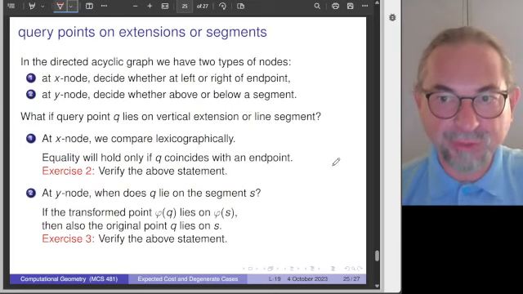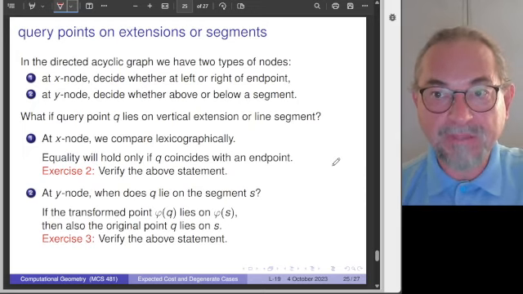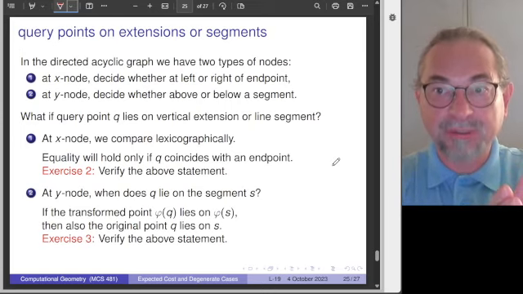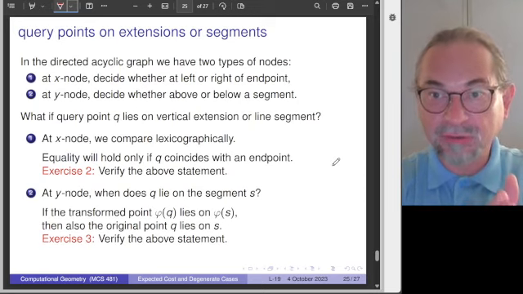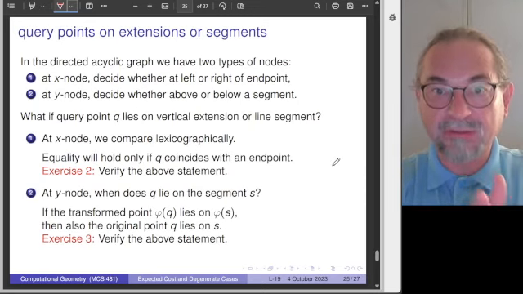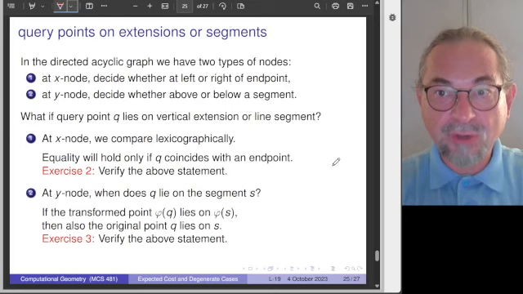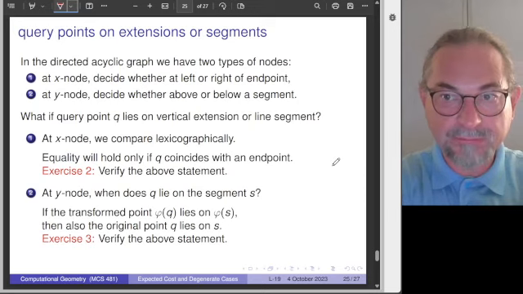And in some sense, I was pausing a little bit with exercise 2. If we have equality, then we have the endpoint to which the x-coordinate belonged. So that's then also done. We have located the point. We have found that the query point corresponds to the endpoint that made the X node.